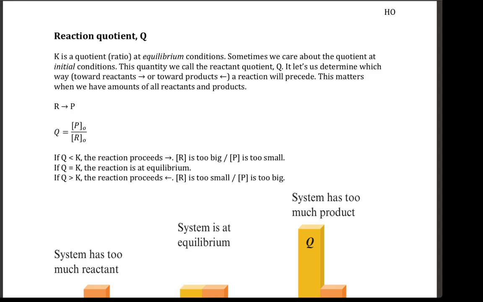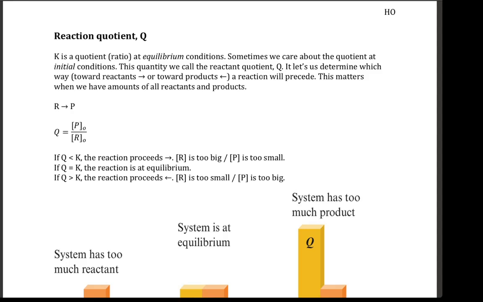In general, we have reactants in equilibrium with products. Q would be the products' initial concentrations divided by the reactants' initial concentrations. If Q is less than K, the reaction will proceed to the right. That means there's a lot of reactants and not much products, so the reaction will go toward products.